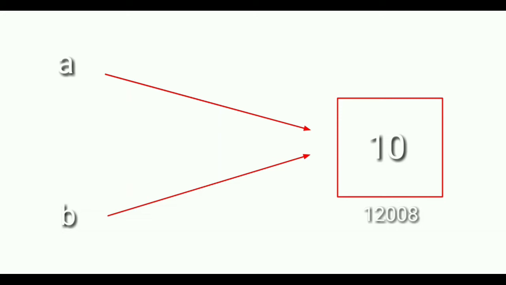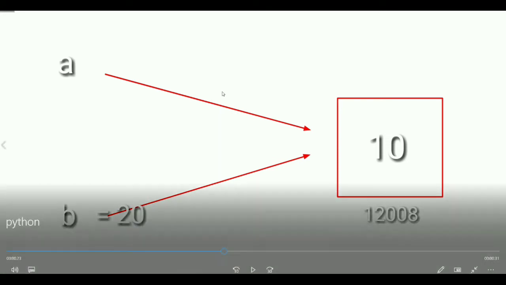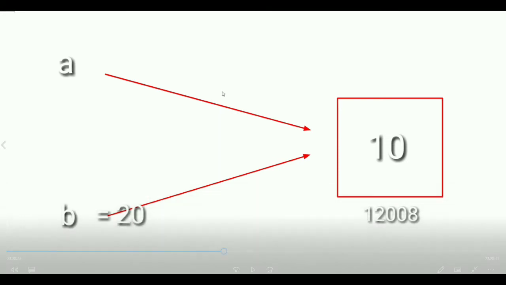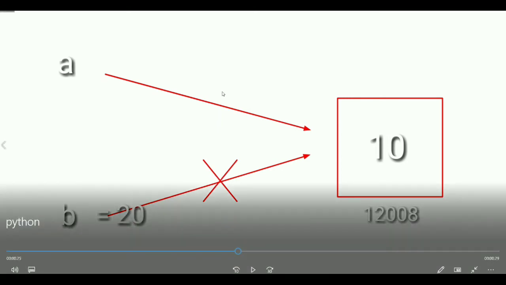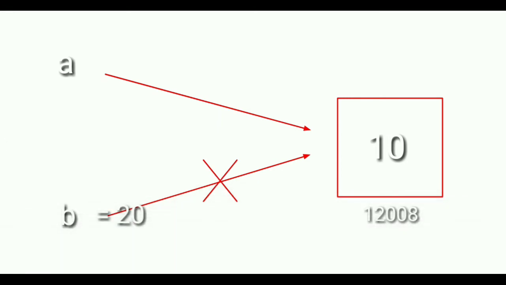Now, suppose we change the value of b from 10 to 20. Now what will happen? The pointer will disconnect from here, because b's value was 10, now it's 20.